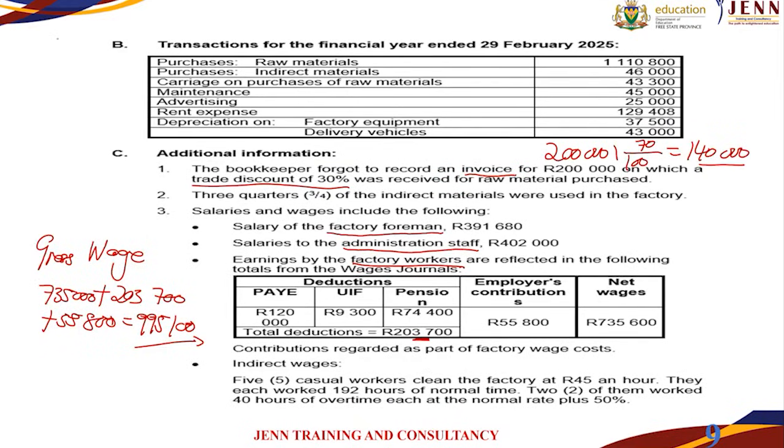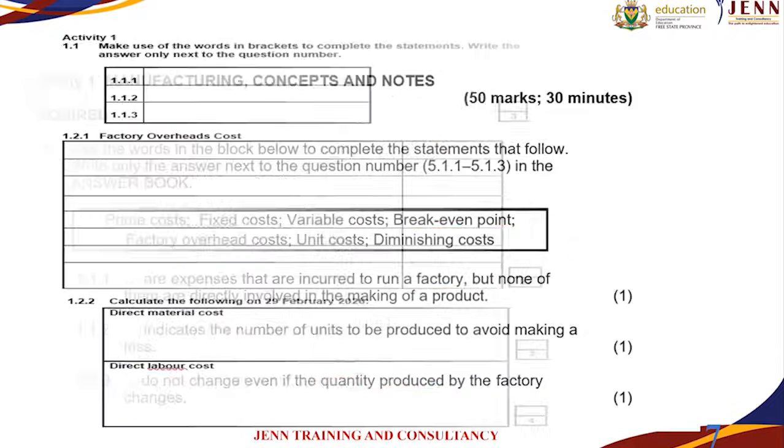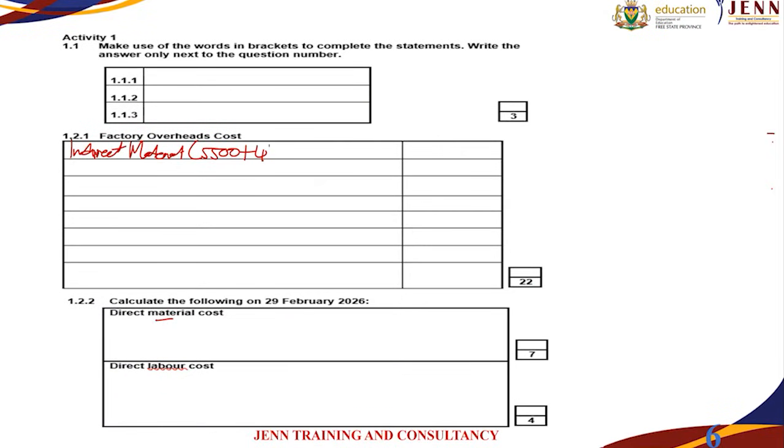When we go to information B, it says purchases, indirect materials, 46,000. It means now we need to add it back to say plus 46,000 and then minus returns.